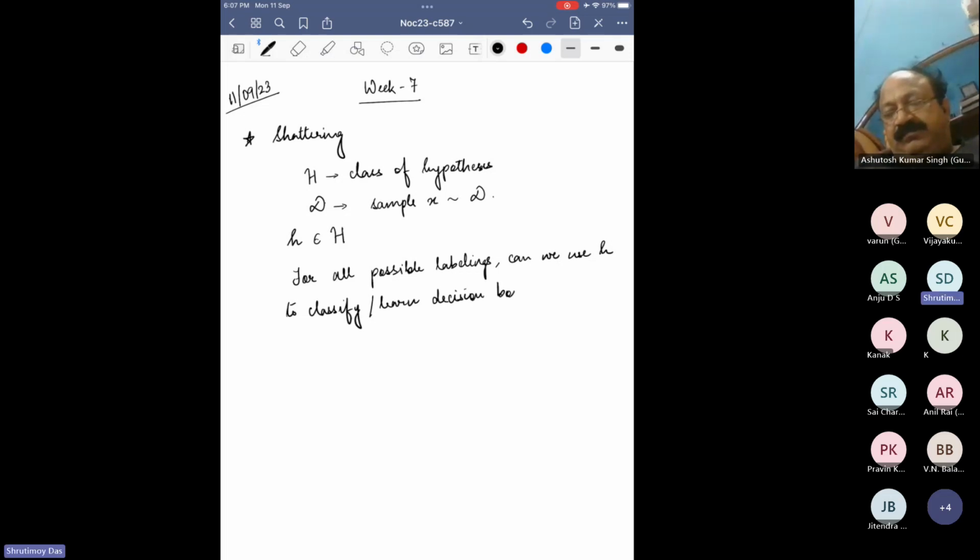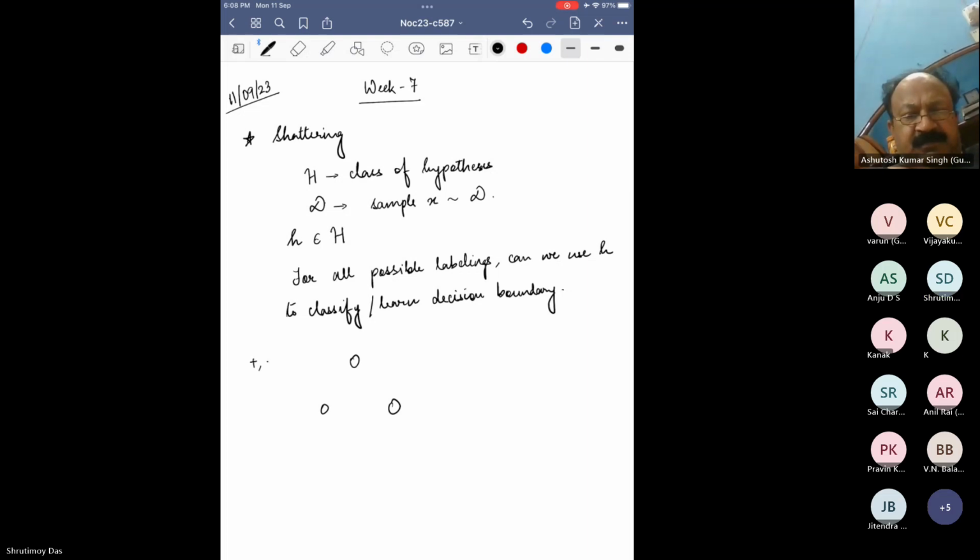So what I mean by that is, let's take the example that was given in the lectures. Suppose we have 3 points which are arranged in two-dimensional space, and suppose there are two classes, plus and minus. So given these 3 points, there can be 8 such combinations, right?